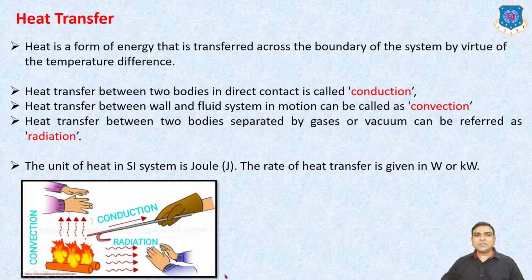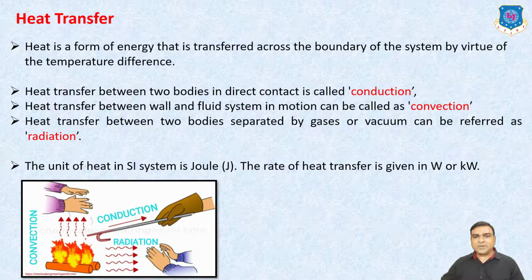Now heat transfer is a form of energy that is transferred across the boundary of the system by virtue of the temperature difference. There are three types of heat transfer. Heat transfer between two bodies in direct contact is called conduction. Heat transfer between a wall and a fluid system in motion is called convection.